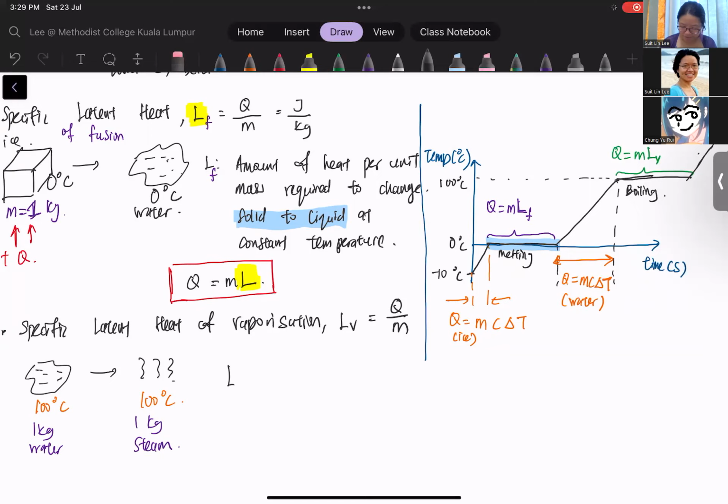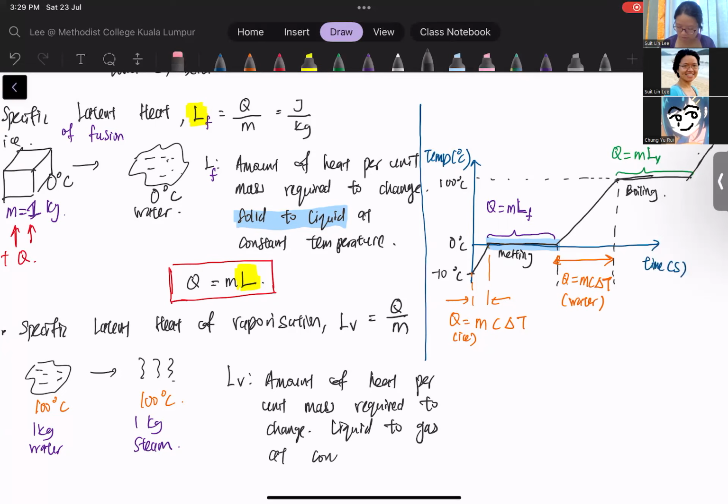So this LV here is the amount of heat per unit mass required to change liquid to gas at constant temperature.